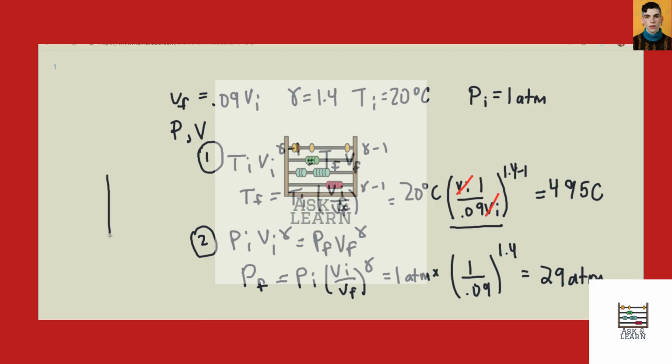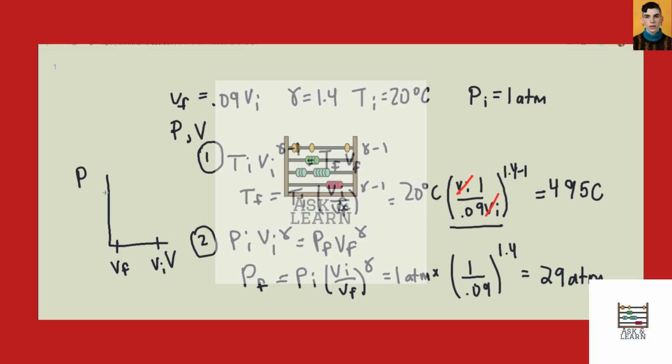And then last but not least, let's do a little PV diagram. So here's P, here's V, and then here's V final. Oh, I should make that closer to the y-axis. So here's V final, here's V initial. This looks like basically 10% of this whole thing.